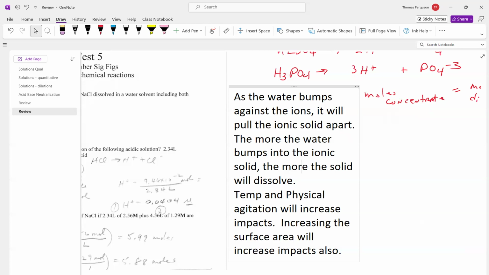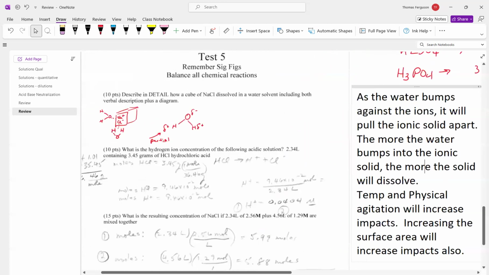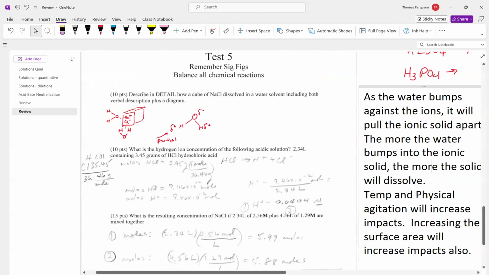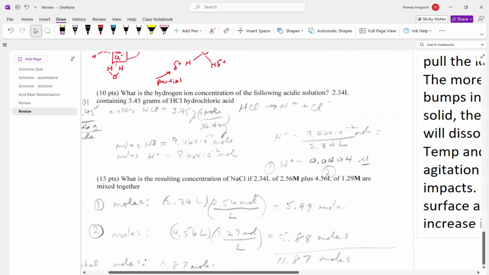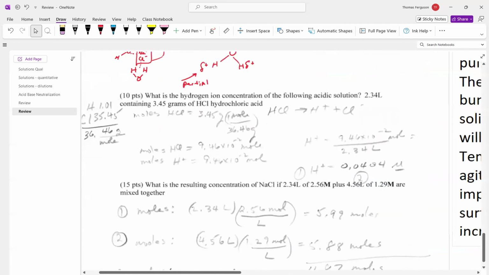Okay, so let's go on here. What's the hydrogen ion concentration of the following acidic solution? We throw in 3.45 grams of hydrochloric acid and throw it into 2.34 liters of solvent or water.